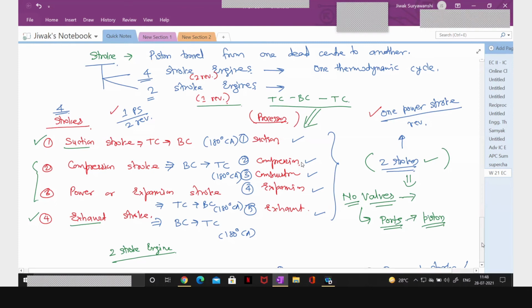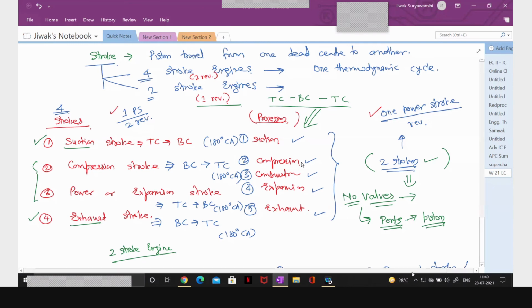When both ports are open, meaning the transfer port as well as the exhaust port, there is a chance of this fresh charge going directly from the transfer port to the exhaust port, to the atmosphere. That is the wastage of fuel. Moreover, when this comes out without taking part in combustion, it is treated as a pollutant, that is unburned hydrocarbons.